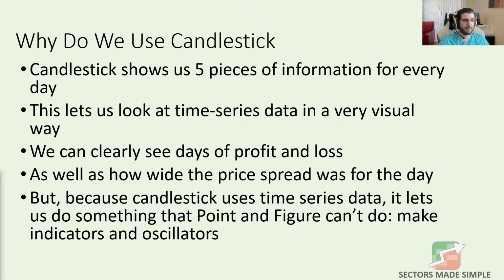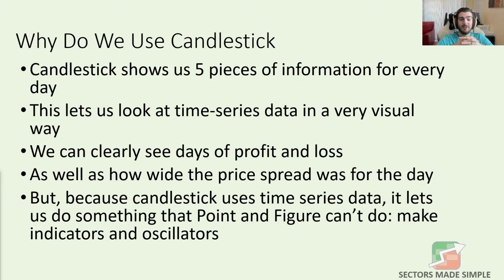And here's the difference, and here's why this topic is so valuable for us to talk about. There's one thing that point and figure cannot do, and it's called indicators and oscillators. Now, indicators is a little bit of a misleading term in this regard because an oscillator is technically an indicator as well. So the better thing to say is that it's overlays and oscillators.